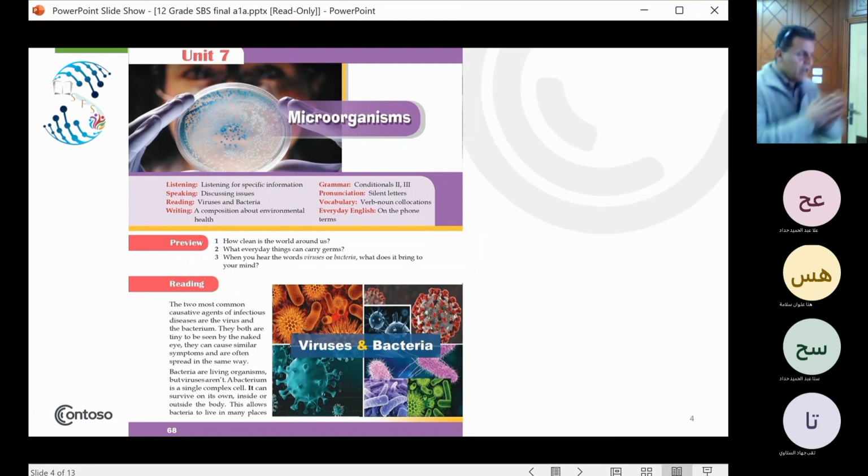They need a microscope to see them because they are very tiny. They can cause similar symptoms and are often spread in the same way.